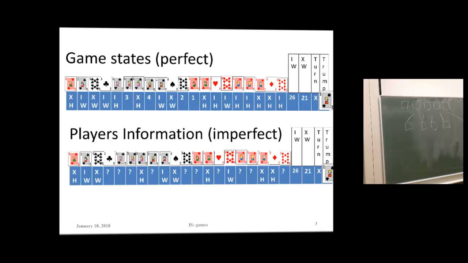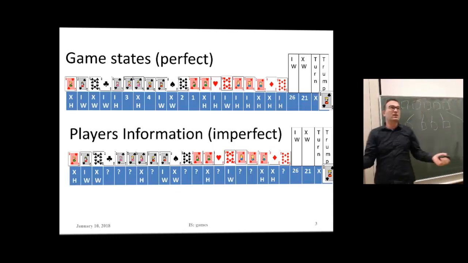I made a mistake there. It should be an even number, of course. So this isn't a valid state, or it is a state after one card might have been played. In any case, we have 1, 2, 3, 4, 5, 6, 7, 8, 9, 10 cards which are unknown to the player, which means that they are either in the pile or in the hand of the opponent.